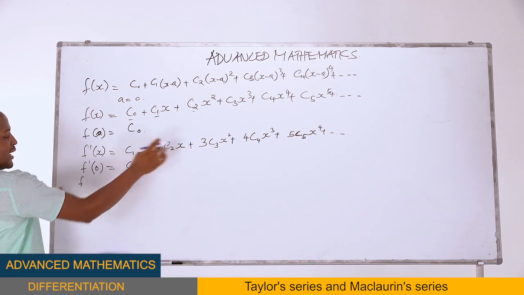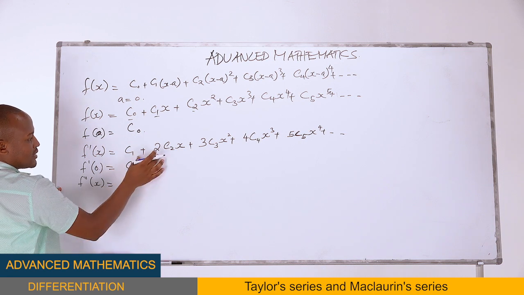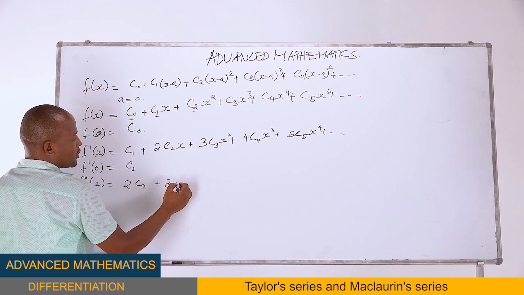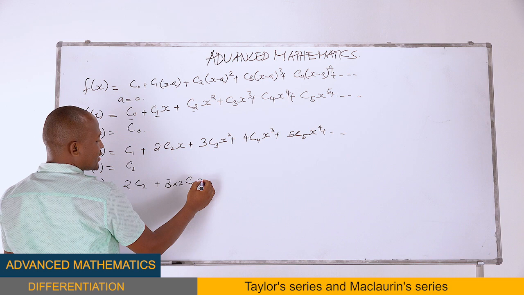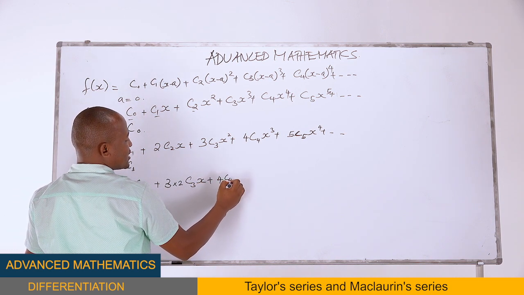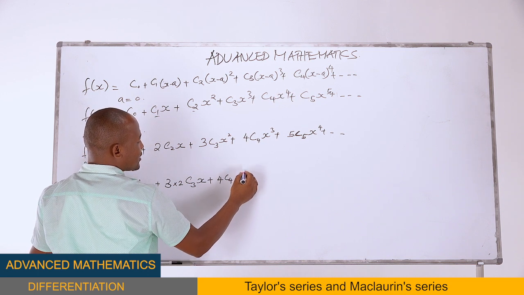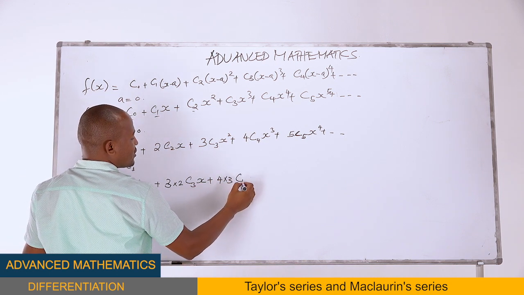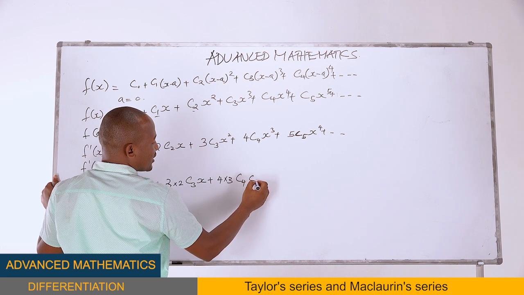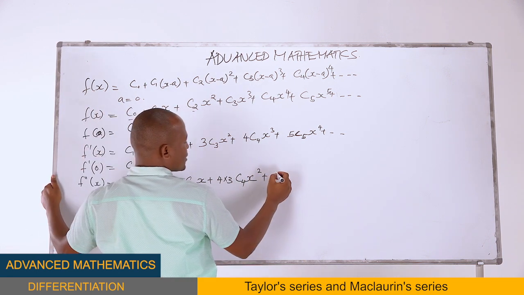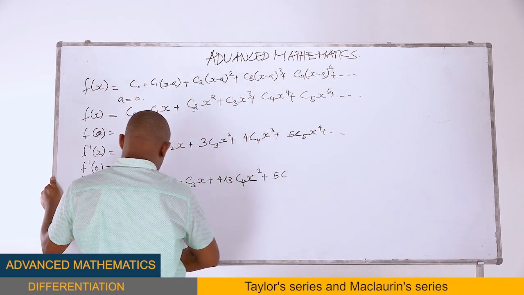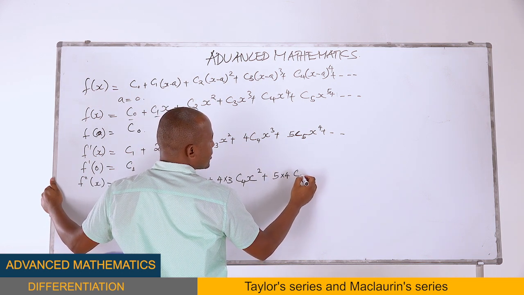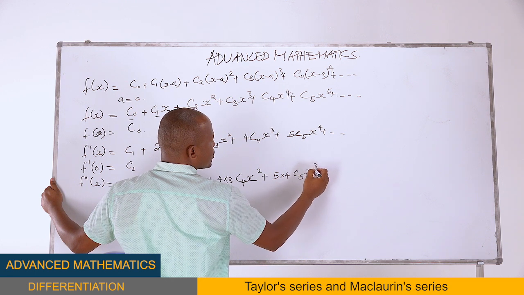Now let's again differentiate that, a second derivative. This will go, and we will be left with 2c2 plus 3 times 2 c3 x plus 4 times 3 c4 x squared plus 5 times 4 c5 x raised to 3 and so forth.